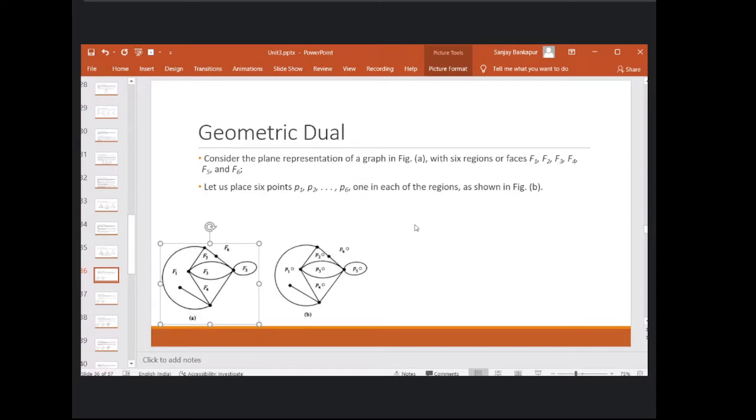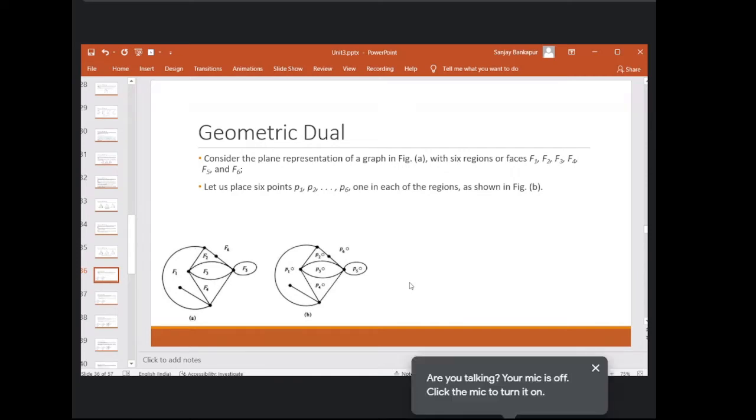So let us place 6 points P1 to P6, one in each of the regions as shown in figure B. So I've taken one planar graph, and it has 6 regions. Vertices: there are 1, 2, 3, 4, 5, and 6 vertices, and edges 1, 2, 3, 4, 5, 6, 7, 8, 9, 10 edges.